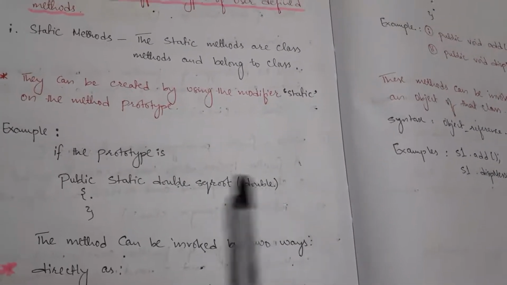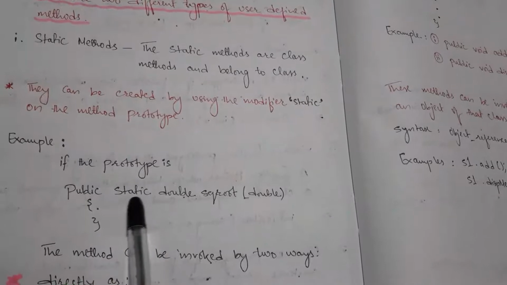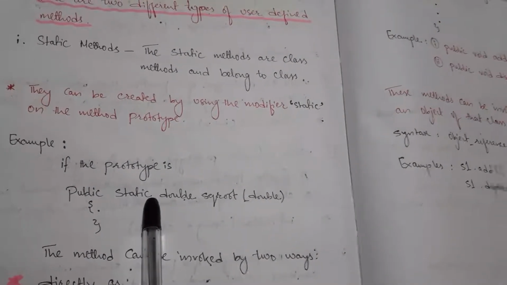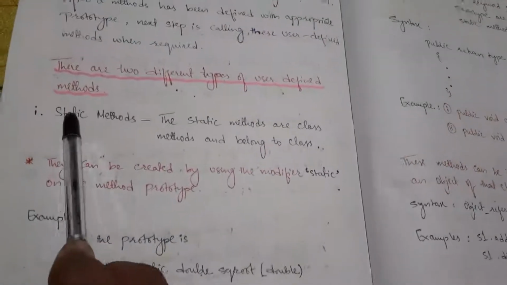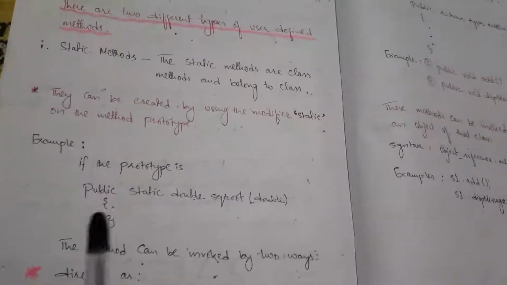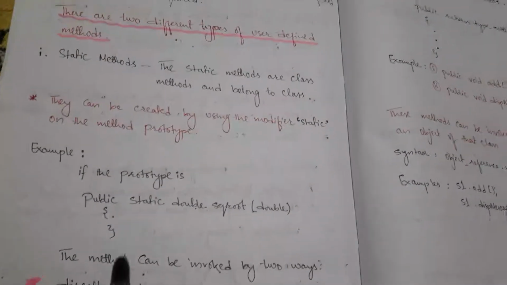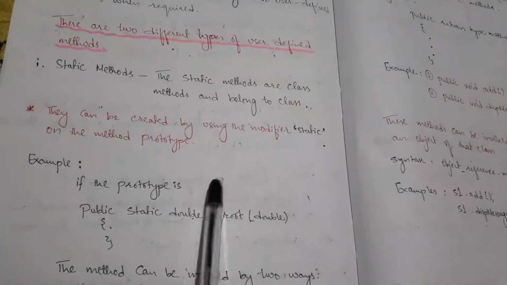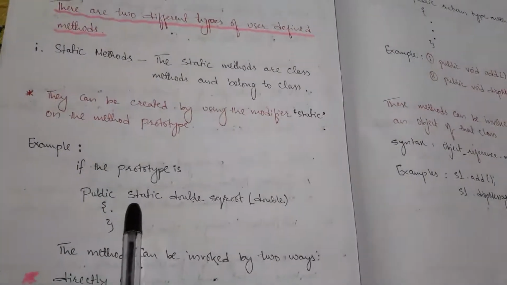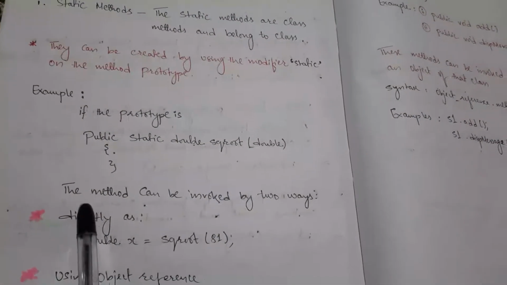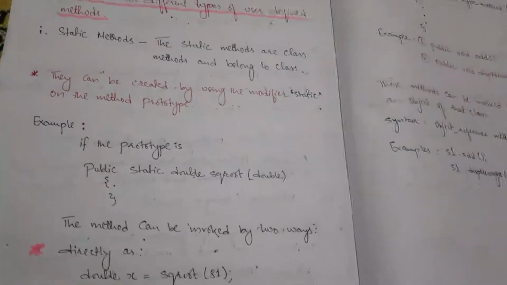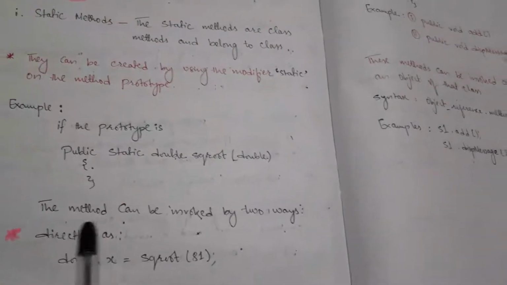Here the static modifier or keyword has been used, so this particular prototype is considered a static method. Static methods are the methods which have the modifier static in the prototype, like in this example.